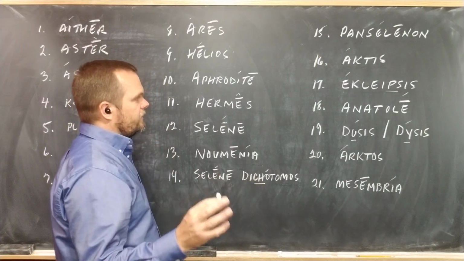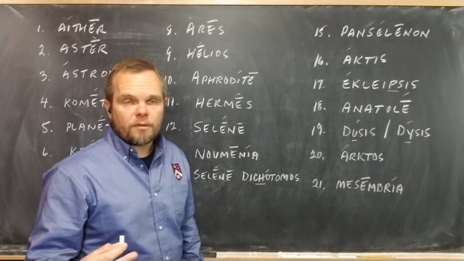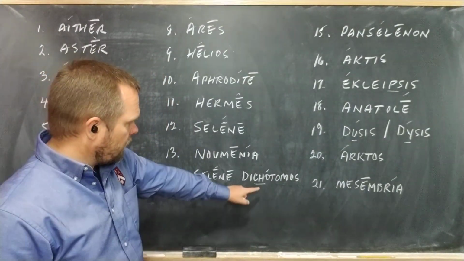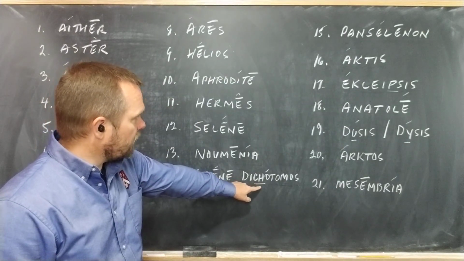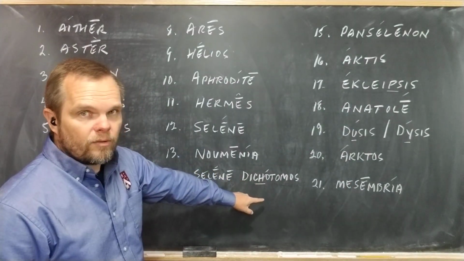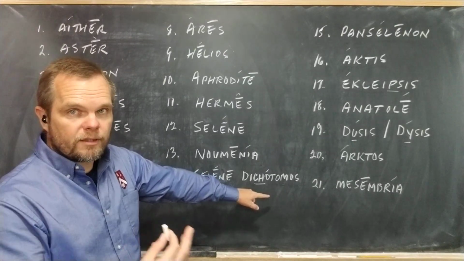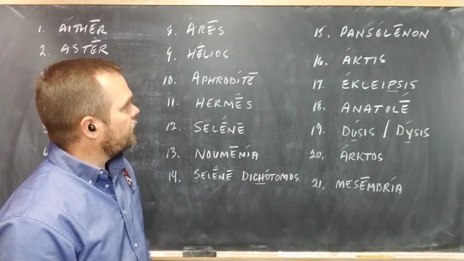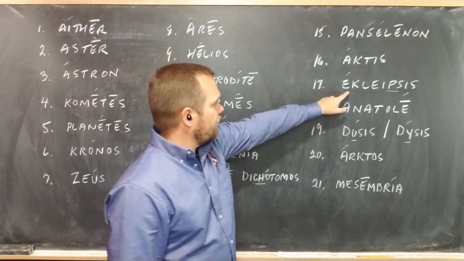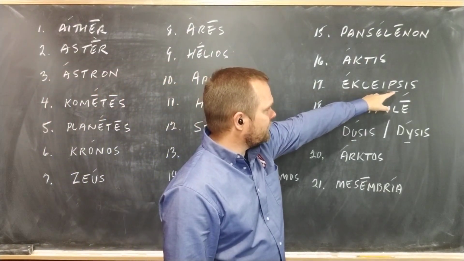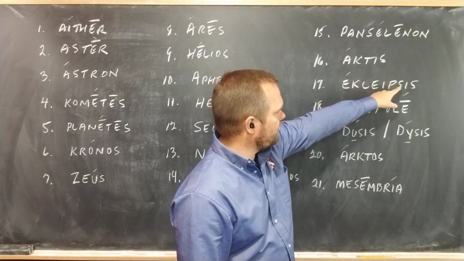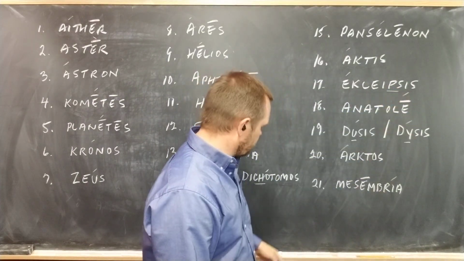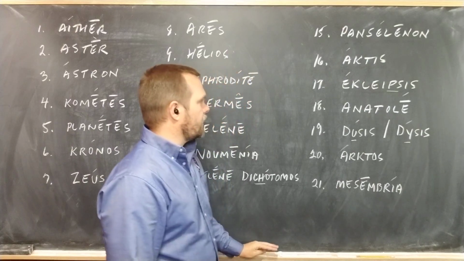So there's a few examples of what are called double consonants in Greek, and when we transliterate them we use two consonants. The chi is transliterated with ch, dichotomos, and here we see the letter psi transliterated with ps, eklepsis. All right, number 17, an eclipse.